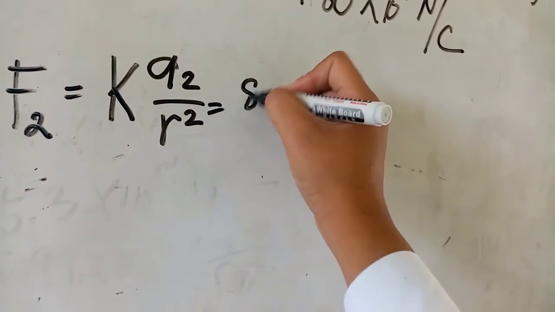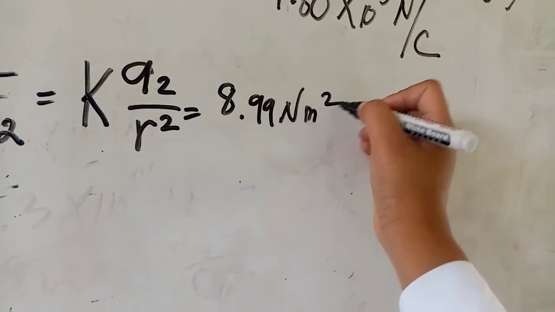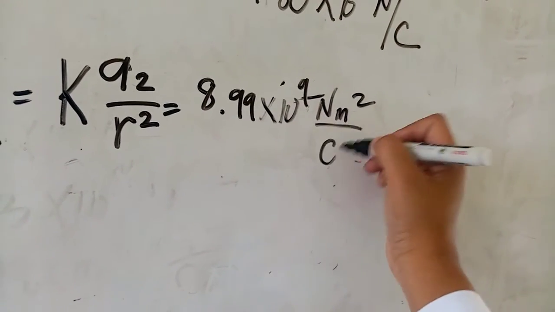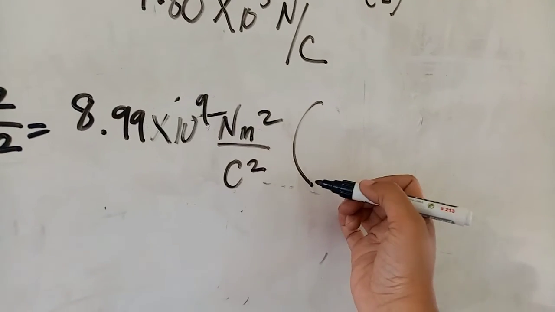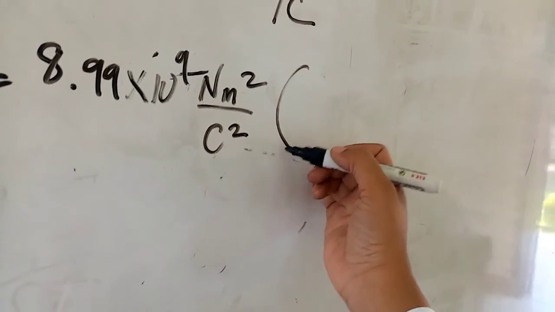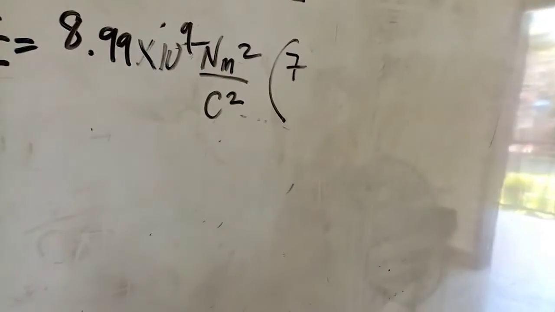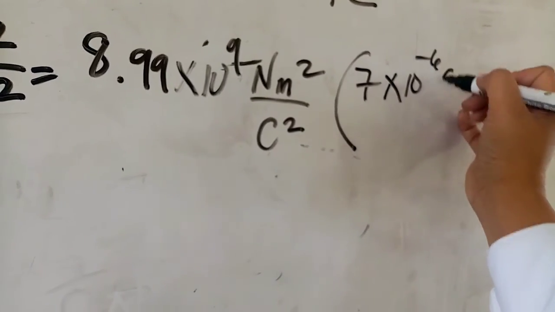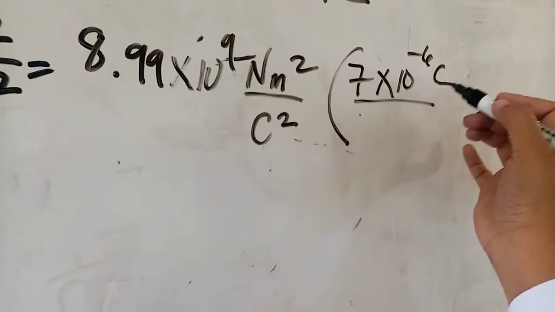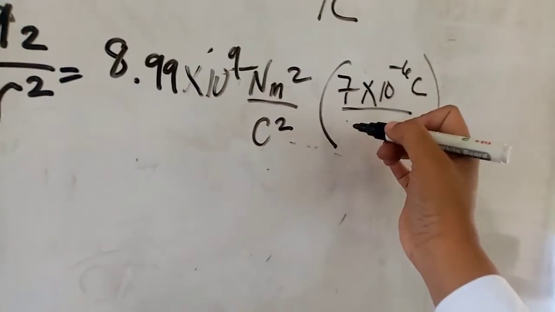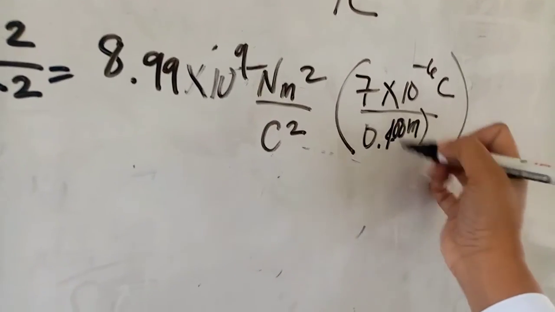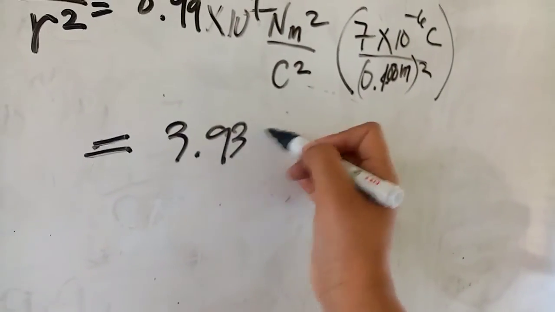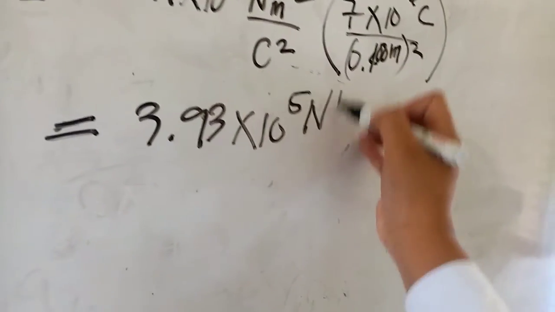So just substitute the values: 8.99 times 10 to the power of 9 newton meters squared per coulomb squared, you multiply it with the value of our charge 1, that is 7 times 10 to the negative 6 coulomb, over the distance between them, which is 0.400 meters quantity squared, and manipulating that using our calculator, you will get 3.93 times 10 to the power of 5 newton per coulomb.